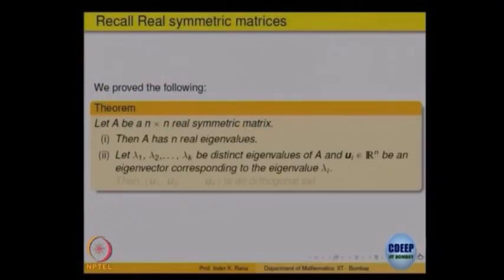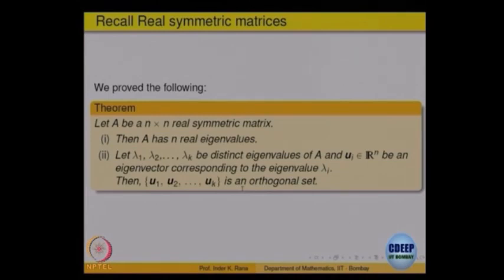Okay, so let us begin today's lecture by recalling that in the last lecture we proved the following theorem: if A is an n cross n real symmetric matrix, one, it has n real eigenvalues, and secondly, if lambda 1, lambda 2, ..., lambda k are distinct eigenvalues and the ui's are corresponding eigenvectors, then the set u1, u2, ..., uk is an orthogonal set.